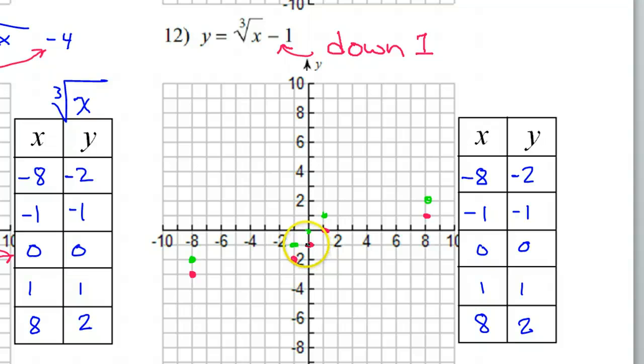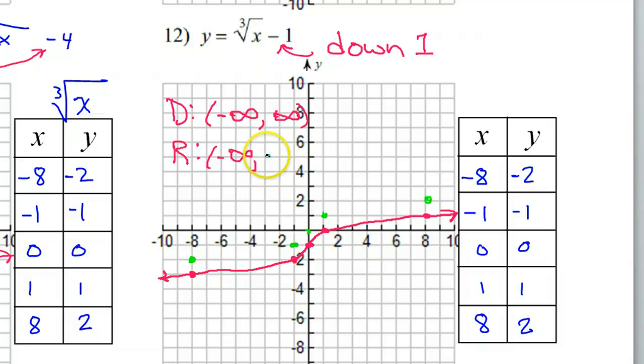And draw the curve, and that's it. Alright, number 12 should look very much like that. And one last time, the domain and range are both negative infinity to positive infinity.